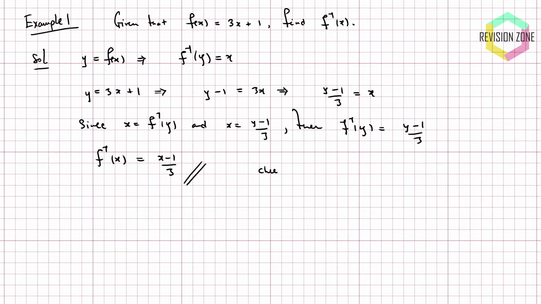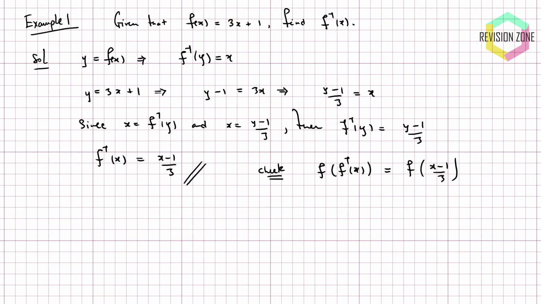We can do a quick check to make sure that this makes sense. So let's try and figure out f of f inverse of x. It doesn't really matter which way around you compose this. We're going to say f inverse is what we've worked out, so let's put that in. It's going to be x minus 1 over 3. But what is f? f is going to triple the input, and add 1. My input is all of that.